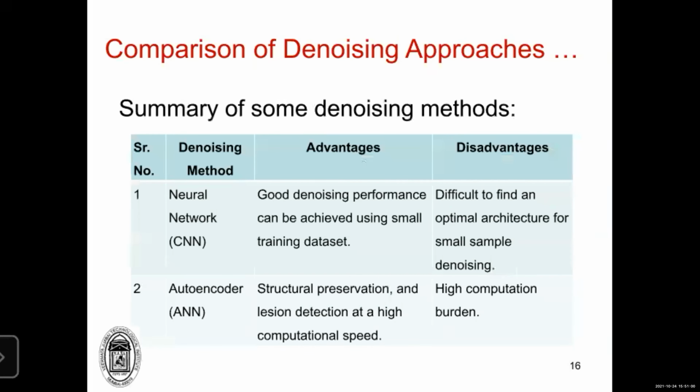If we compare the advantages and disadvantages: with the neural network using CNN, good denoising performance can be achieved using a small training data set, but it is difficult to find the optimal architecture for small sample denoising. For ANN, structural preservation is there, but it requires a lot of calculations.